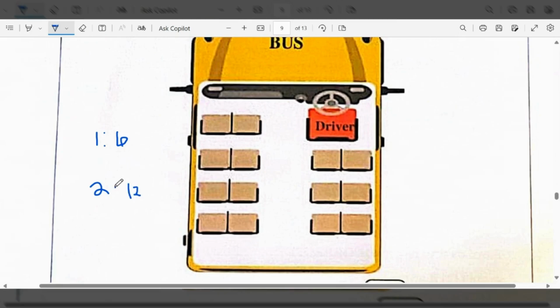So if you had 2 teachers and 12 students, if you reduce, 2 goes one time, and 12 goes 6 times. So you'd have gotten the same 1 to 6.